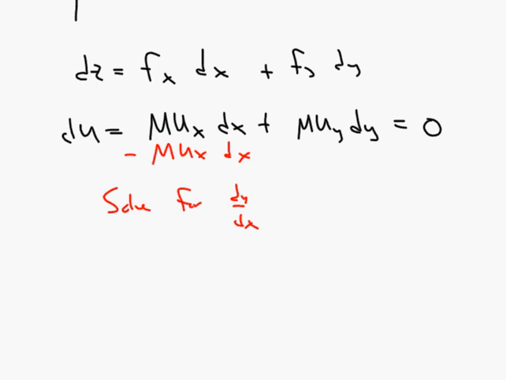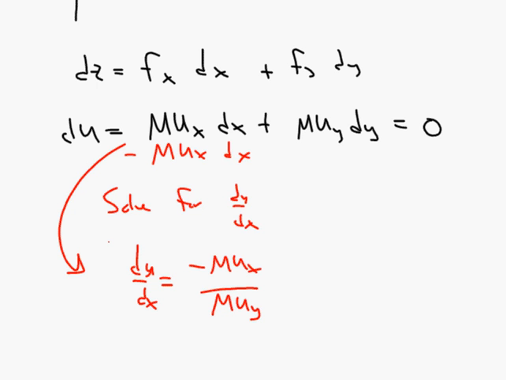If we just do a little bit of algebra, here's what you get: dy/dx is equal to negative MUx over MUy. So what we have now is an expression for the slope of a utility level curve with a fixed level of utility.